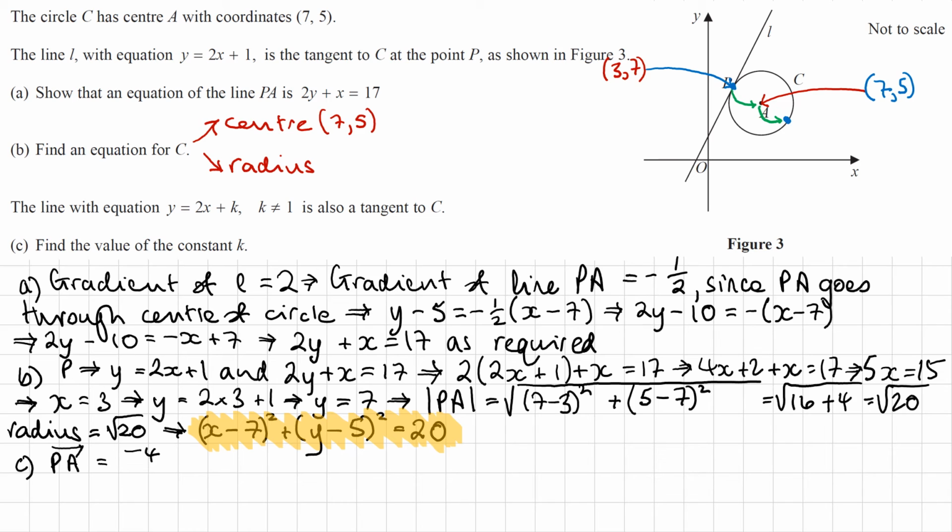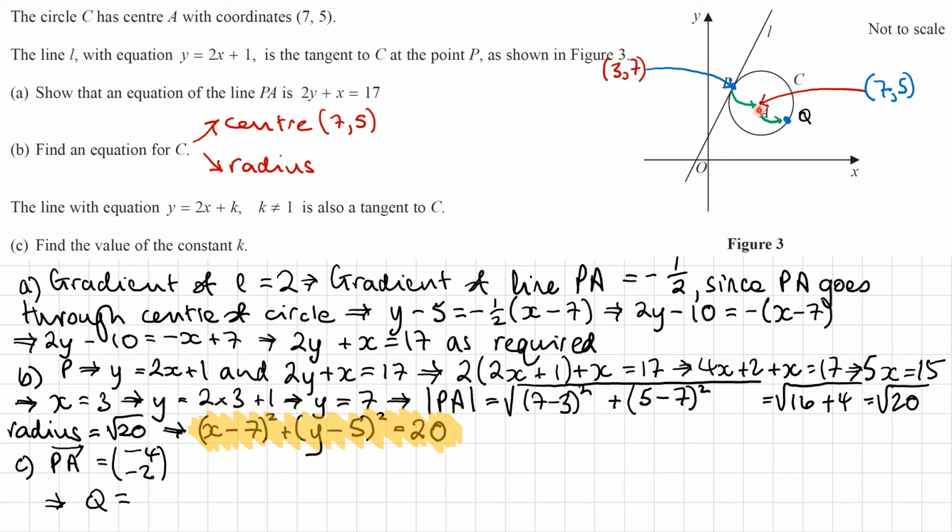So that goes down by 2. I'm going to apply the same translation vector from A to work out what this point is here on this side. Let me call this point Q. So I'm now going to work out the point Q using this same displacement -4, -2. So I'm going to call this Q, this point here on the other side of the circle.